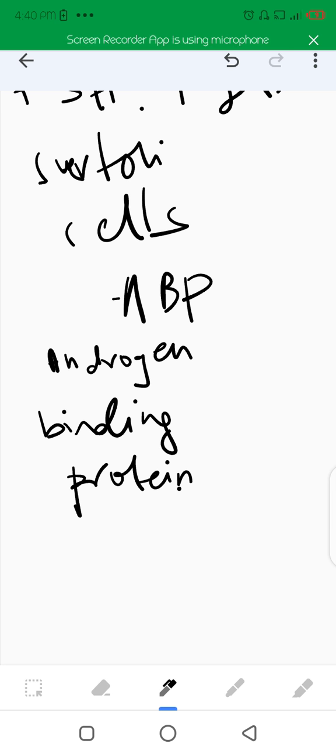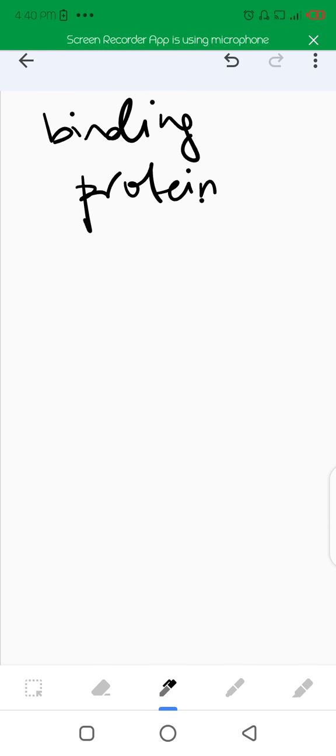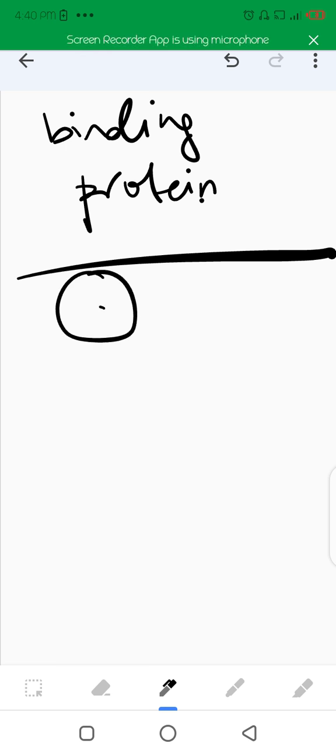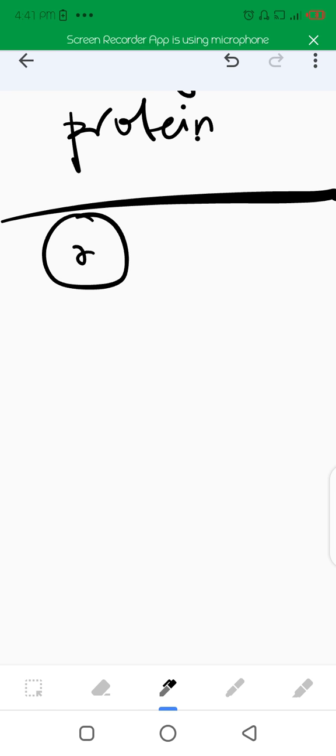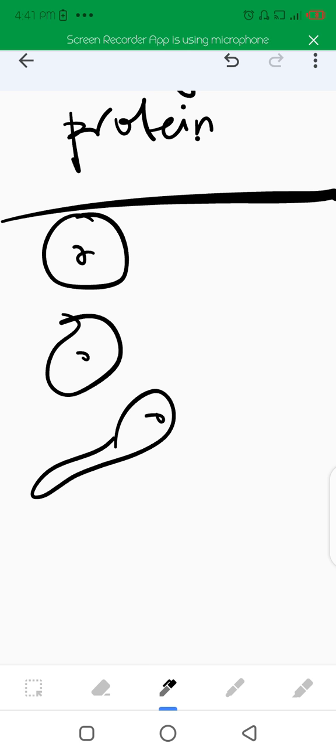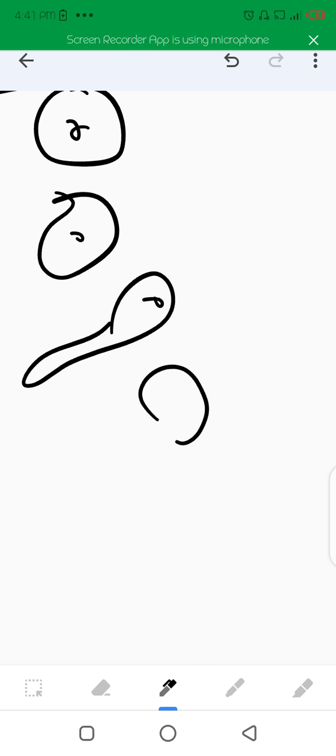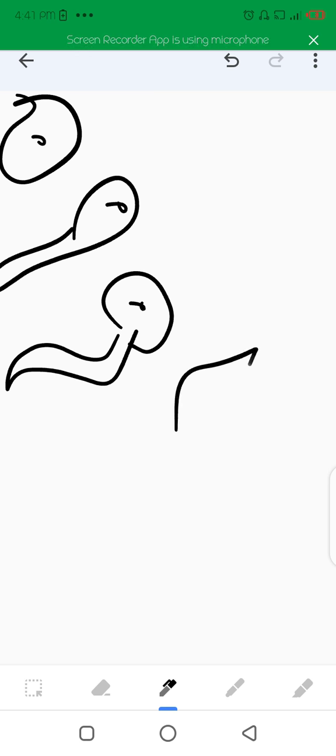The ABP stimulates the spermiogenesis of spermatozoa, which means that this cute little spermatogonia that I'm drawing here, which was circular in shape, starts to develop a tail-like structure. So from this to this, and then finally a sperm with a neck.